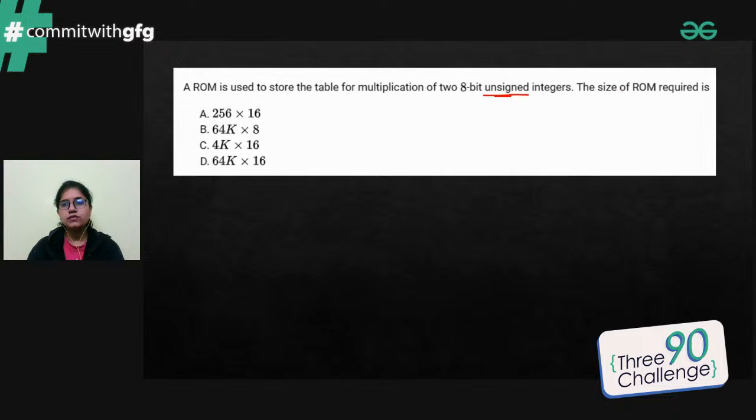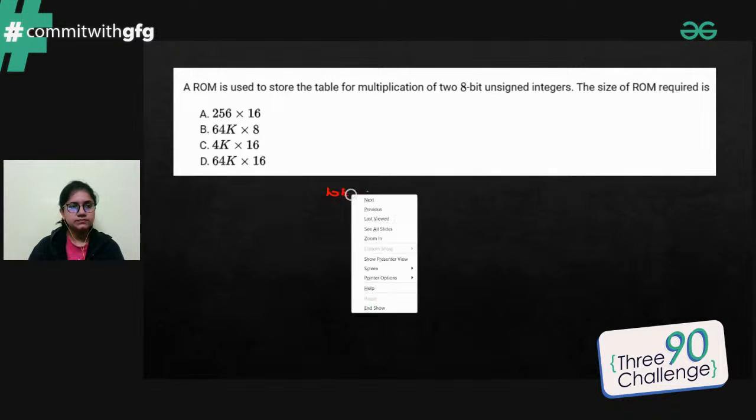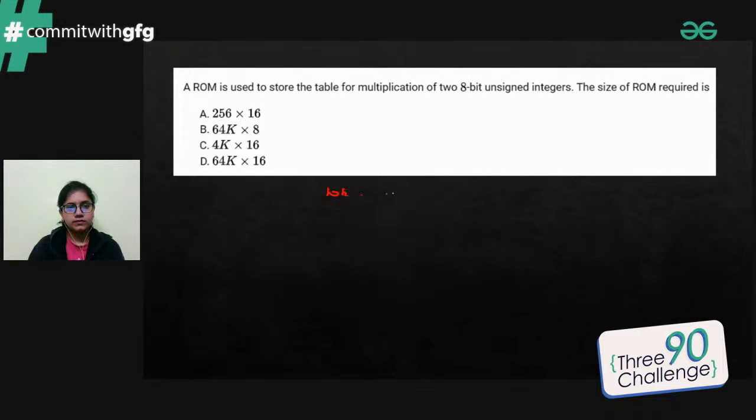Okay, so the size of room required is, now let's see this. When we multiply two 8-bit numbers, the result can go up to 16 bits.